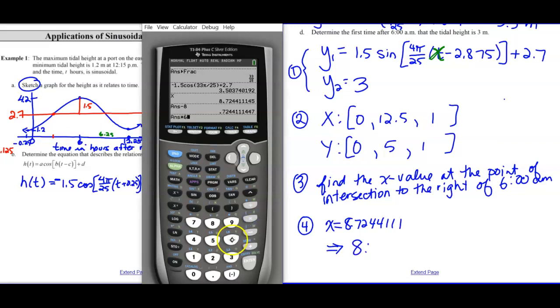Multiply that by 60. And that's going to be 43. We'll use regular rounding rules, even though really, you might say 44.